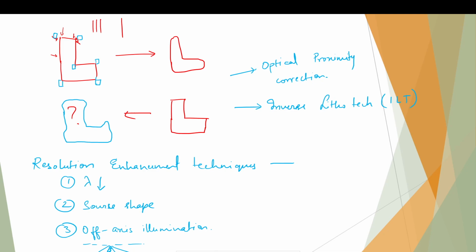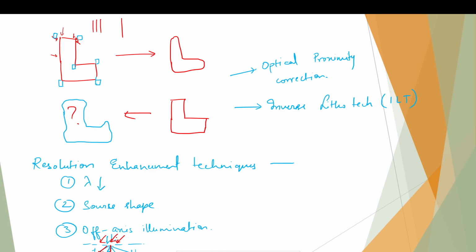Say the zeroth order is captured, but the first diffraction order is not captured. Without the first diffraction order, we can't do anything, right? So this is my lens. Then what they do is, instead of sending the light like this, they will send it obliquely, at some angle. So the zeroth order will be here and we'll get first orders here. So we can capture both zero and first order.